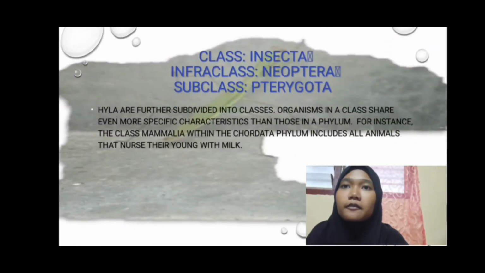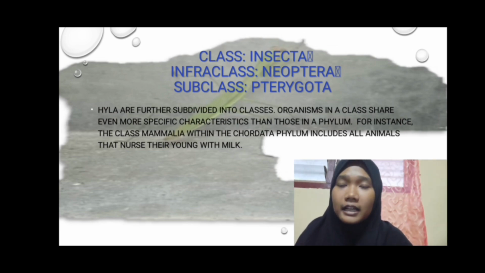Infraclass is a subcategory in a class used to group organisms that have more specific characteristics compared to a class but are still more general compared to an order. The function of an infraclass is to help scientists further divide classes into more specific groups, thus facilitating the study and understanding of evolution and adaptation in more detail.